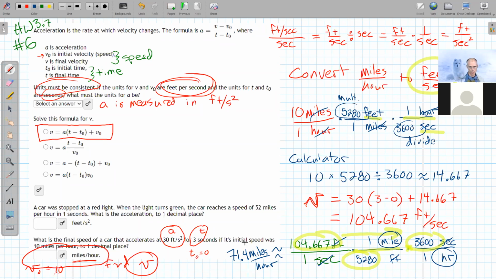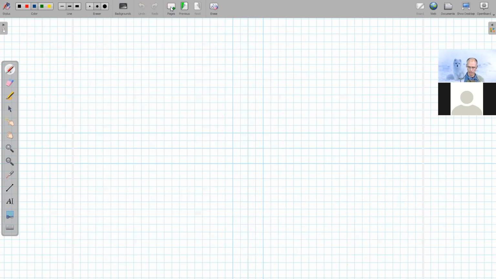So again, I got to pay attention to any given information, how my answer needs to be presented, and then with the given information, I have to use the correct formula. I mentioned earlier I could have used the original formula on this. So let's take a quick look at that. The original formula said A equals V minus V0 over T minus T0.